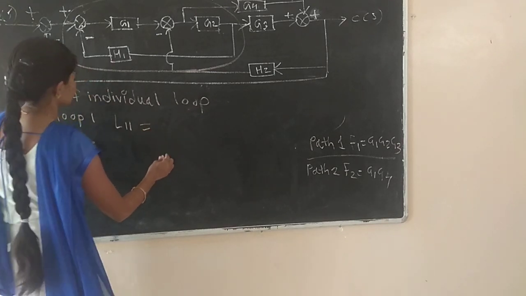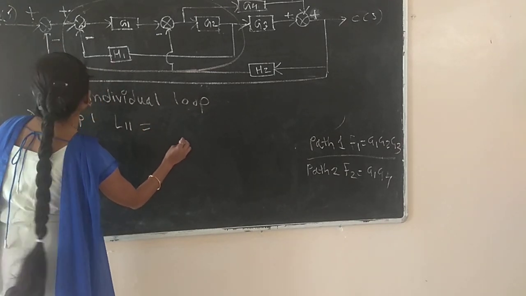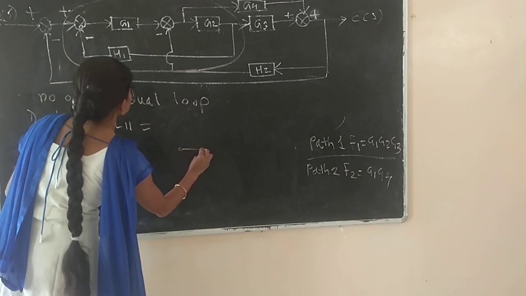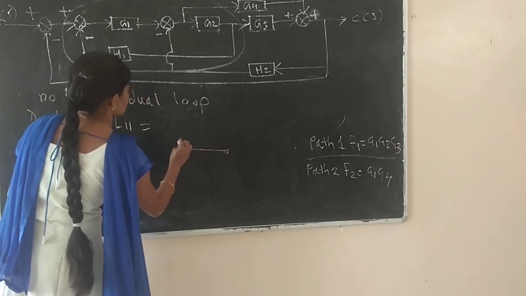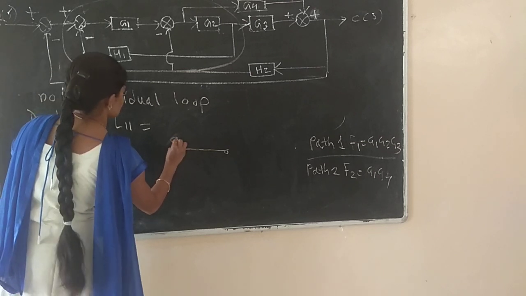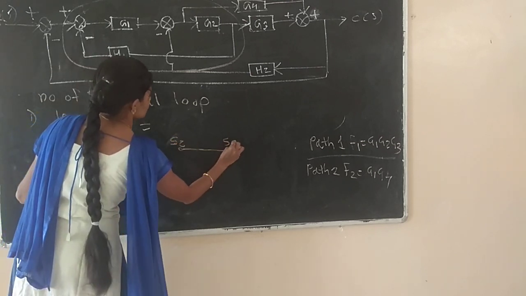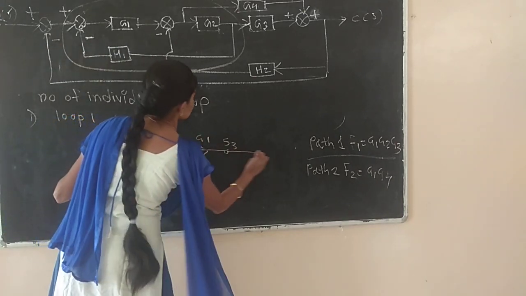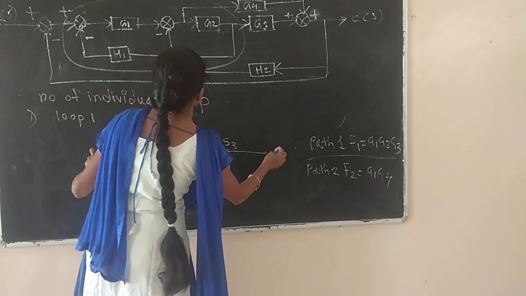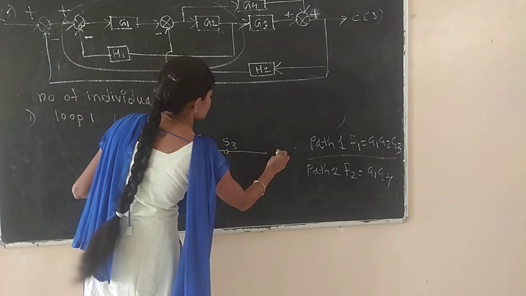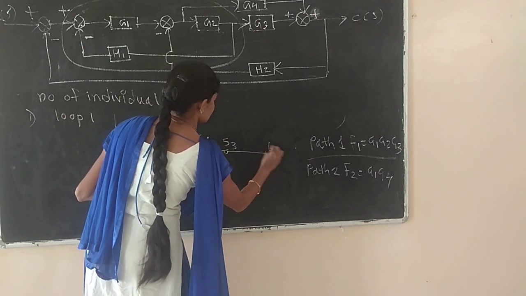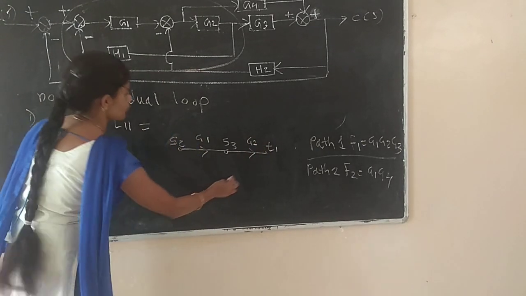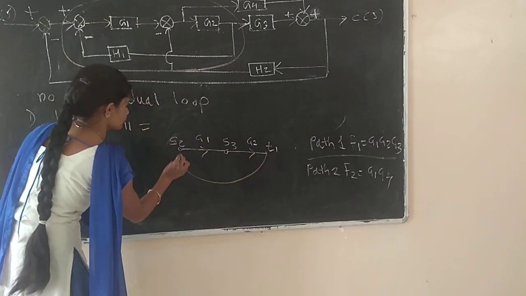It goes through the first summing point, S2, S3, G1, take off point T1, and here G2 and minus H1.